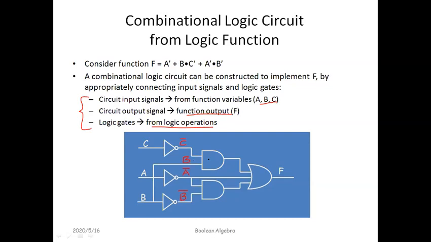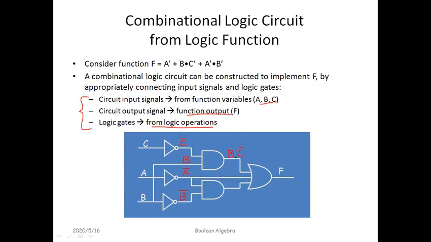So we look at this AND gate now. This AND gate has got two inputs. It has B and C bar. So we expect that the output here will be B dot C bar.